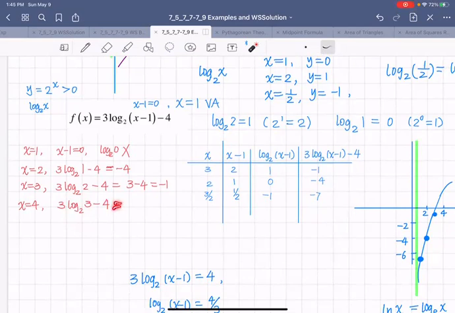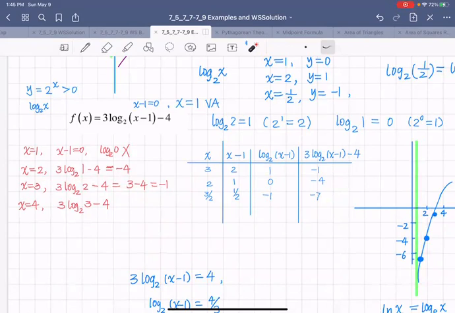So you're stuck here. You say, I'm going to just draw the line by 2 points. No, you cannot draw a curve by 2 points, okay? A straight line, yes, you can use 2 points to decide a straight line. For a curve, you need at least 3 points and an asymptote to draw the curve, okay?